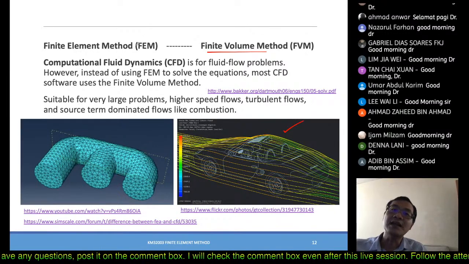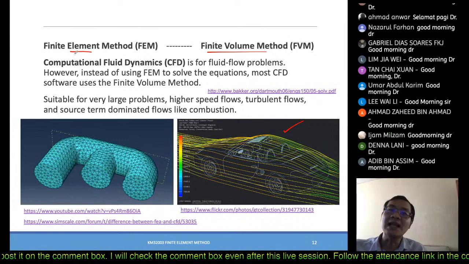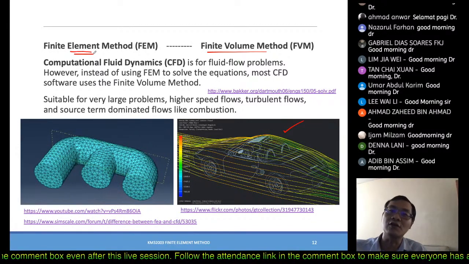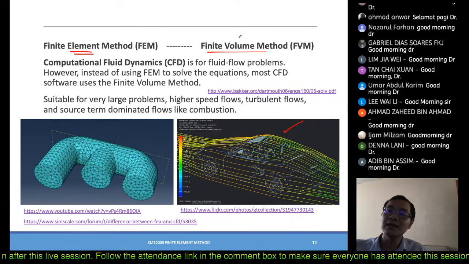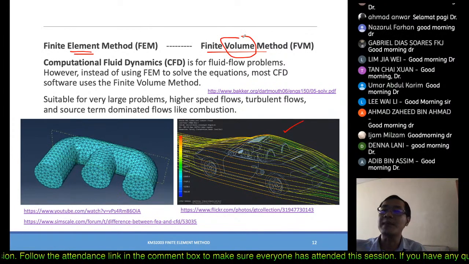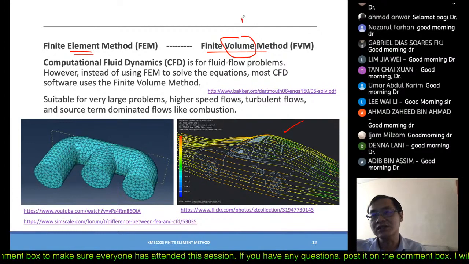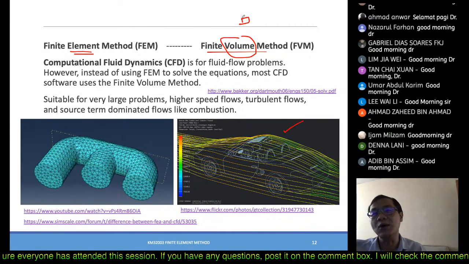In the finite element method, the element is the ultimate thing that we are trying to solve. Whereas in the FVM methods, when they mesh, they are creating a volume.